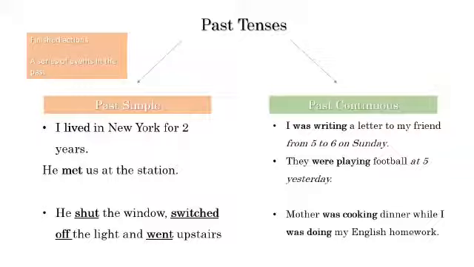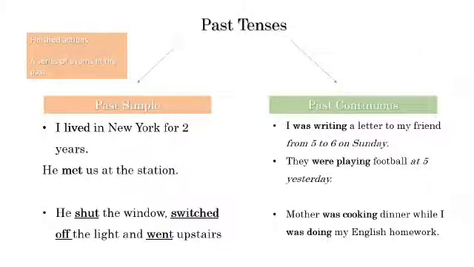Second example, they were playing football at 5 yesterday. These two examples show us that something happened at the precise moment in the past. So the precise moment will be at 5 yesterday or from 5 to 6 on Sunday.